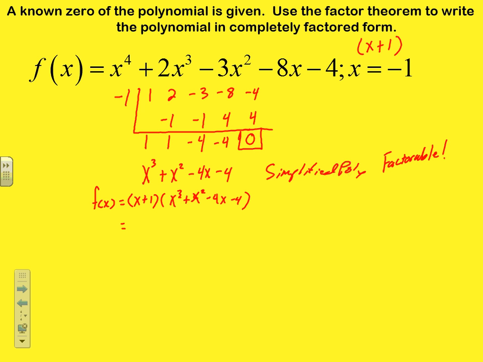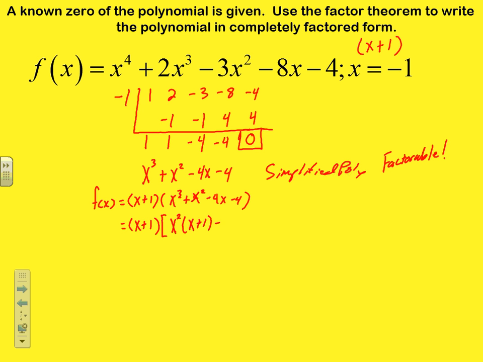So we want to see, can we factor that third degree polynomial? And we can. It can be factored by grouping. So at this point, and I'm going to use a bracket just to separate the parentheses so they don't all look together, I can factor out an x squared from the first two terms, and I'll be left with x plus 1.